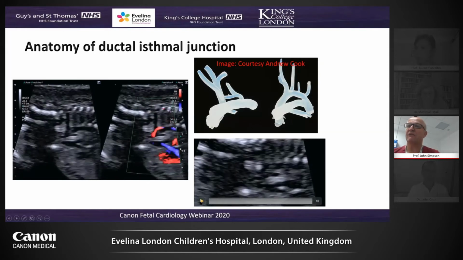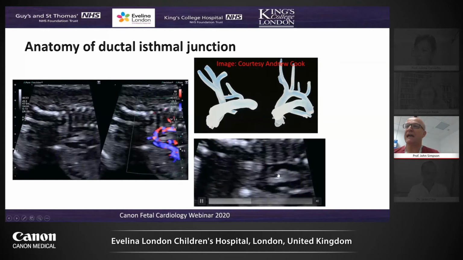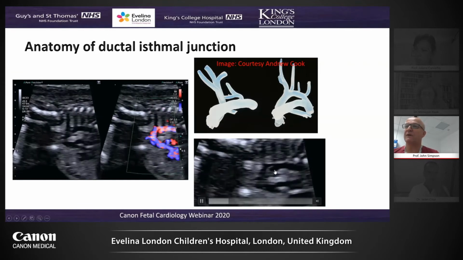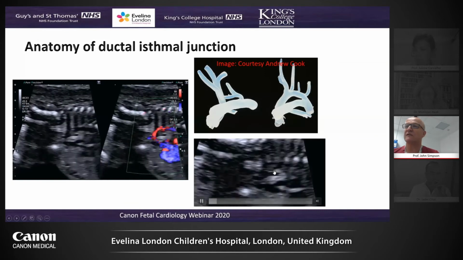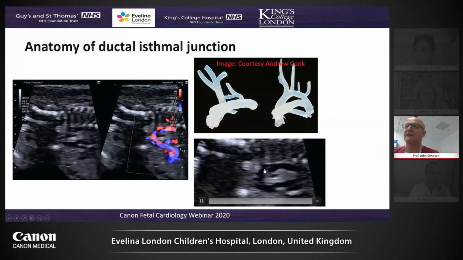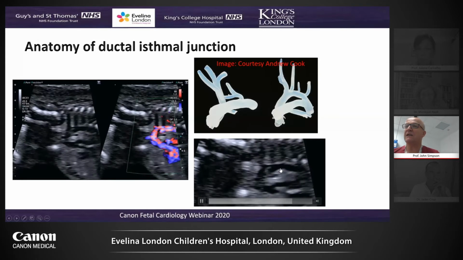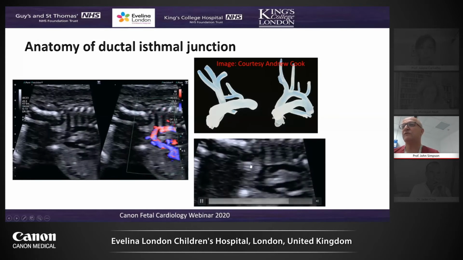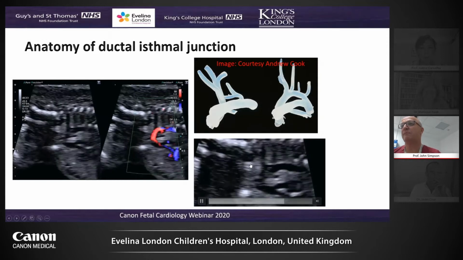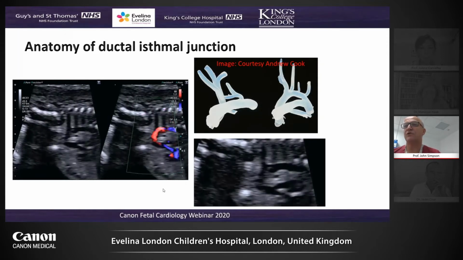And just looking at the grayscale image here, again, you see this really important, if you can see it, in terms of the ductal isthmal junction. You see the size of the duct and the distal arch here. And note with this vertical orientation, this isthmus, the true isthmus, may actually fall out of the plane of the three-vessel trachea view.